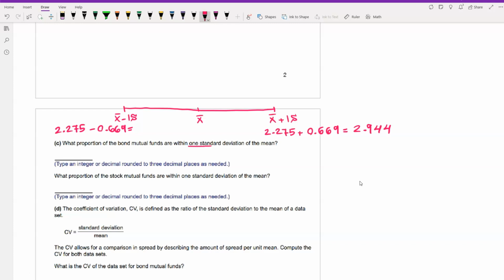So x bar minus standard deviation, so we have 1.606. So our interval is 1.606, comma, 2.944.